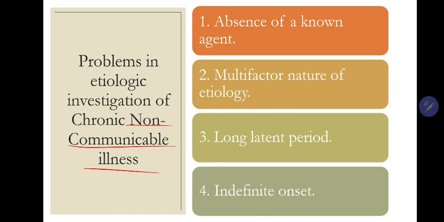Multi-factor nature of the etiology, for example, hypertension has many causes, for example, obesity, increasing age, atherosclerosis, renal disease, etc. So there is multi-factor nature of etiology and absence of a known agent. Sometimes there is no etiology for hypertension. All of these represent problems in the etiological investigation of a chronic non-communicable illness.